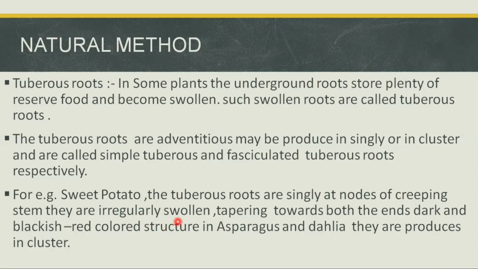These roots are irregularly swollen, meaning somewhere thin and somewhere thick, tapering towards both ends, with a dark, blackish red color. In asparagus and dahlia, they are produced in a cluster, but in sweet potato they are single.